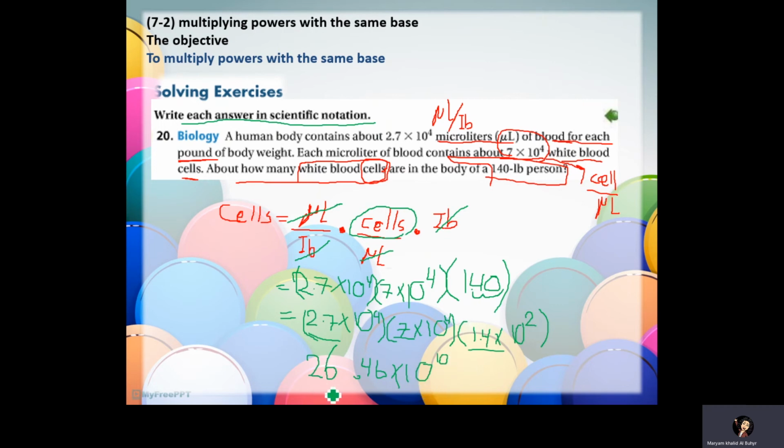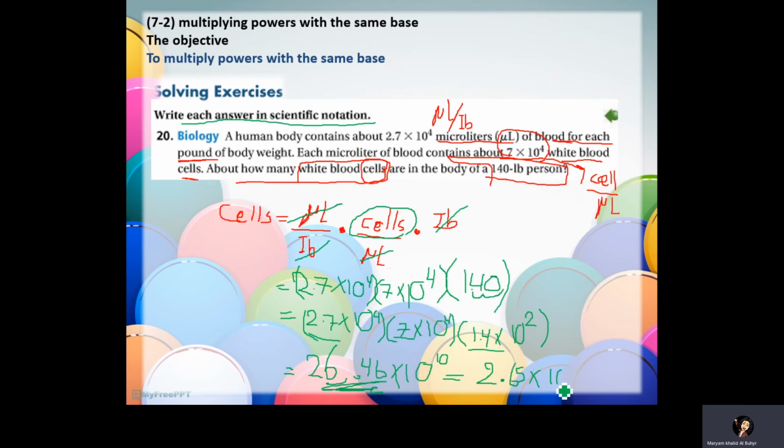Is this in scientific notation form? No, because this should be less than 10. I have a 26, so that is equal to 2.6. Let me estimate this into 2.5... so 2.6 times, I went back 1, so I'm going to add 1 here.